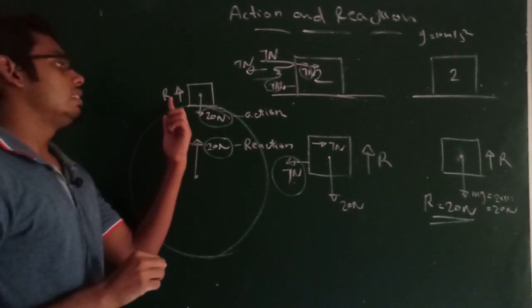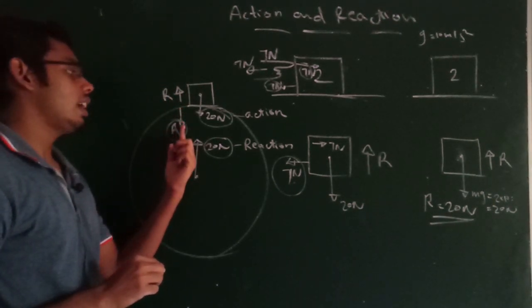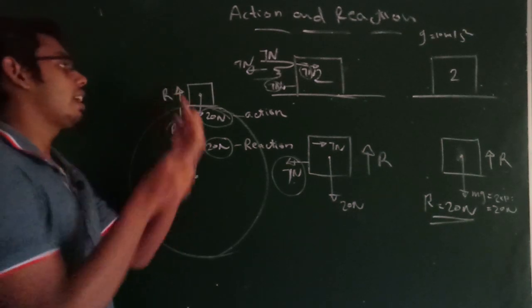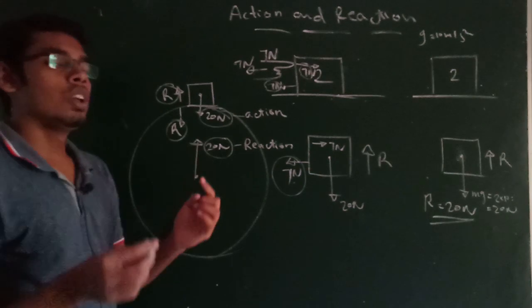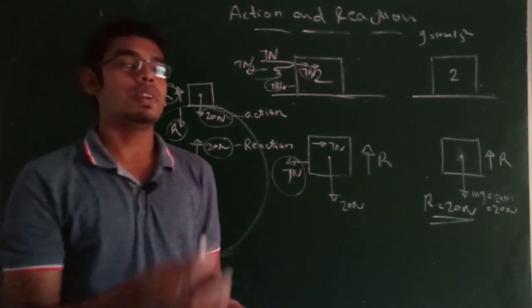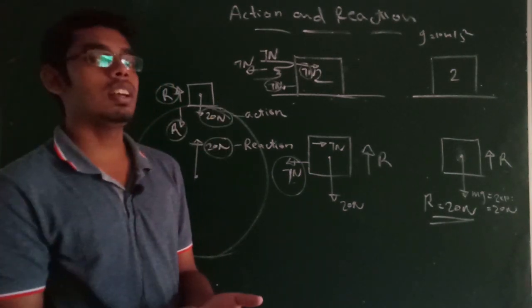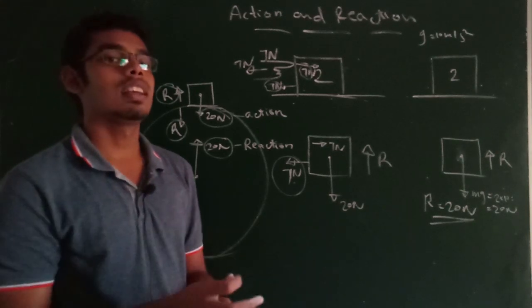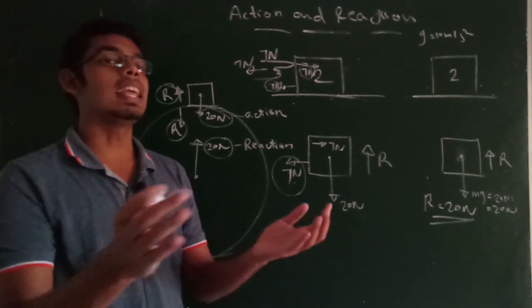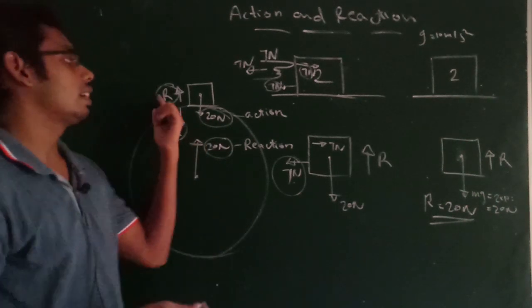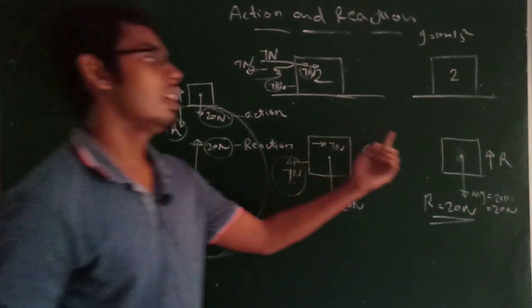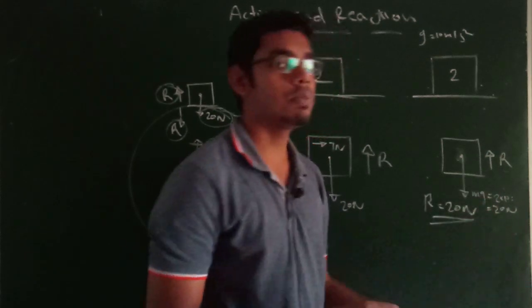Note that this action has a reaction pair. That reaction I have marked here, which is acting on this body. You have this experience: when you are moving upward or downward in a lift, you feel that weight is lost, sometimes weight is gained. In that case we have to find that reaction force. But here the reaction force is the same as mg.